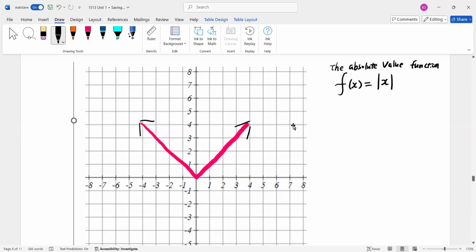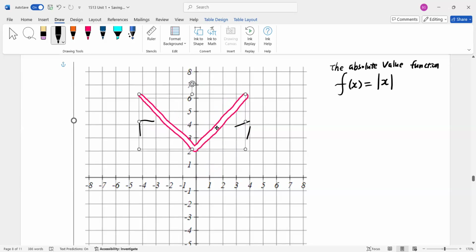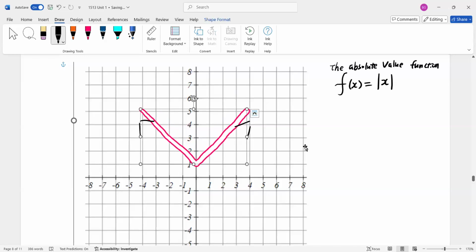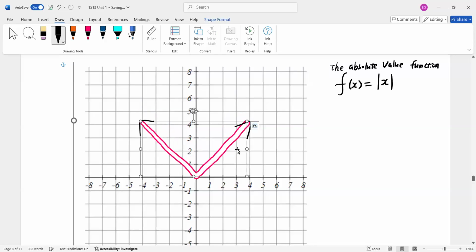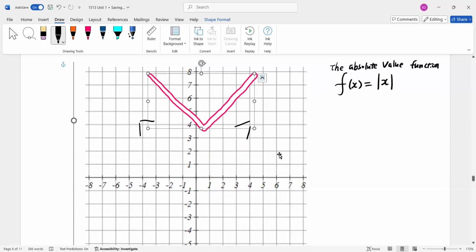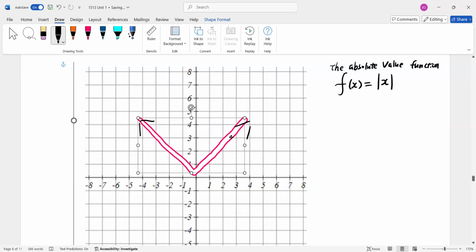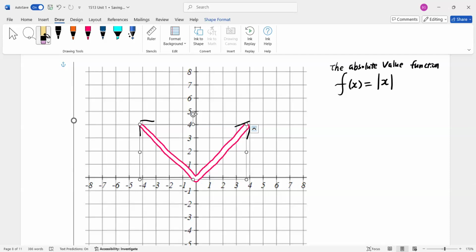The reason I do not have the arrowhead is because I want to be able to move the curve and show you the transformation, show you the change of the curve. But if I move it, I don't have the arrowhead followed. So that's the reason I do not have the arrowhead. Just know it's extending to infinity, okay?